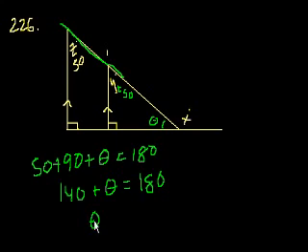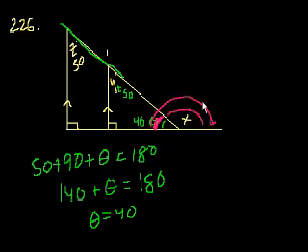Subtract 140 from both sides. Theta is equal to 40 degrees. So if this angle right here is 40 degrees, what's x? Well, they're supplementary. They have to add up to be 180, right? This whole angle is 180. So if that whole angle is 180, and this is 40, then x has to be 140 degrees.